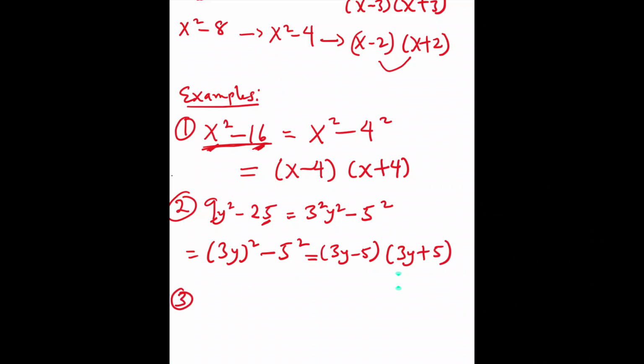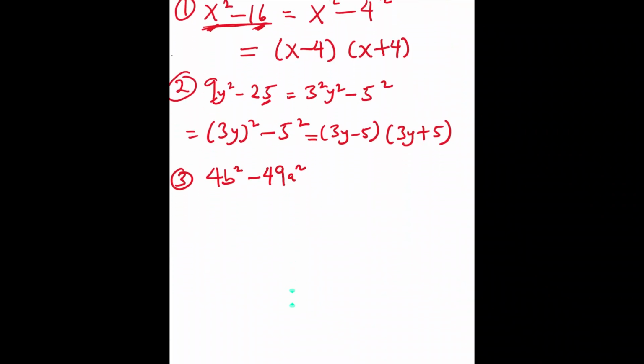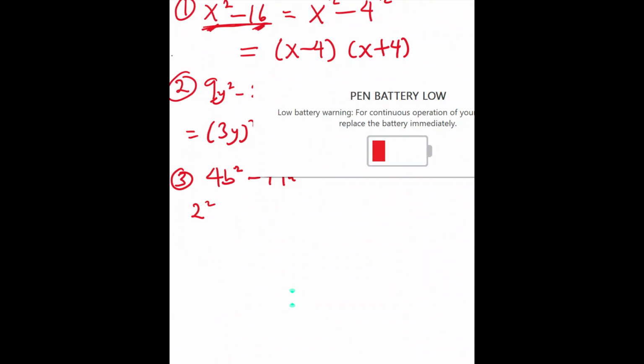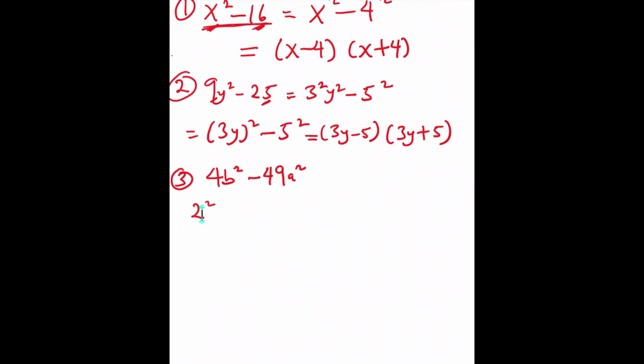Example 3 is 4b squared minus 49a squared. This one can be written as 2 squared b squared minus 7 squared a squared.